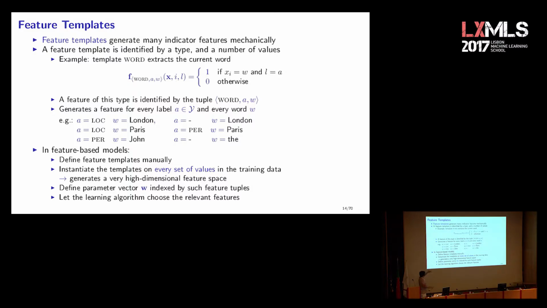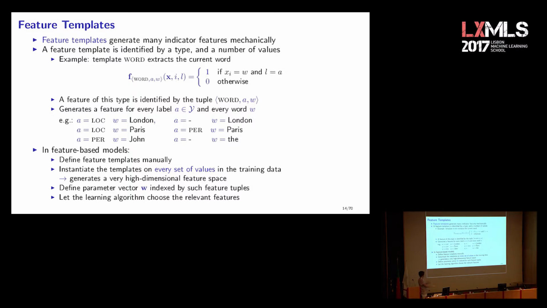So when we use feature-based models, we don't write actual feature dimensions. What we do is we write feature templates like this manually, and then we go to the data, and we look at what are the words in our data, and we also look at what are the tags in our data, and so we instantiate the template with every word and every tag.